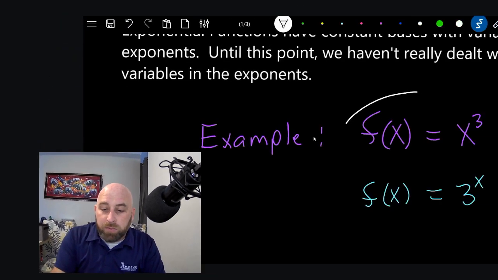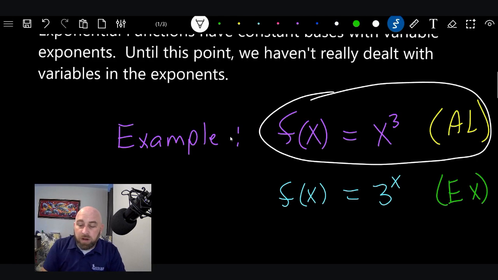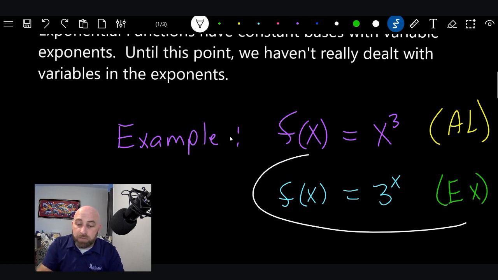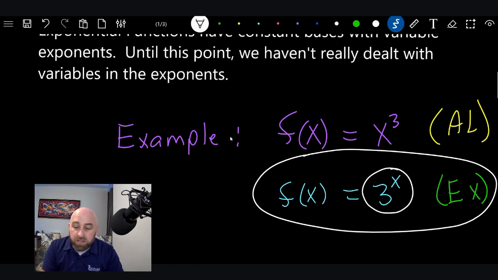Look at these examples that I wrote down here. Example number 1 is an algebraic function. This is what we've been dealing with: x to the third. That's normal. That's something that we've been seeing a lot of. The second example right here is an exponential function. Now look at what we're dealing with: 3 to the x.